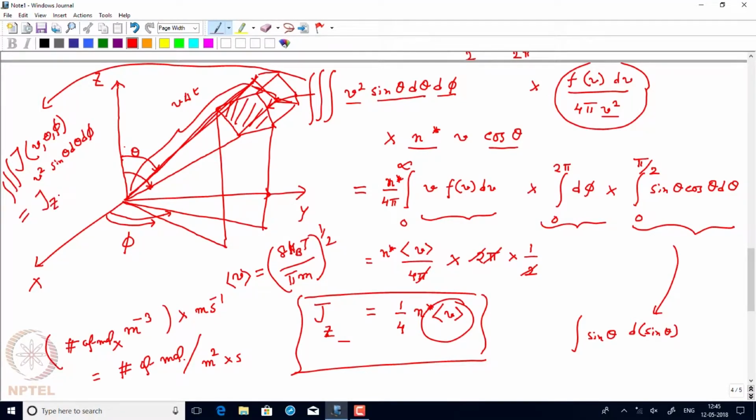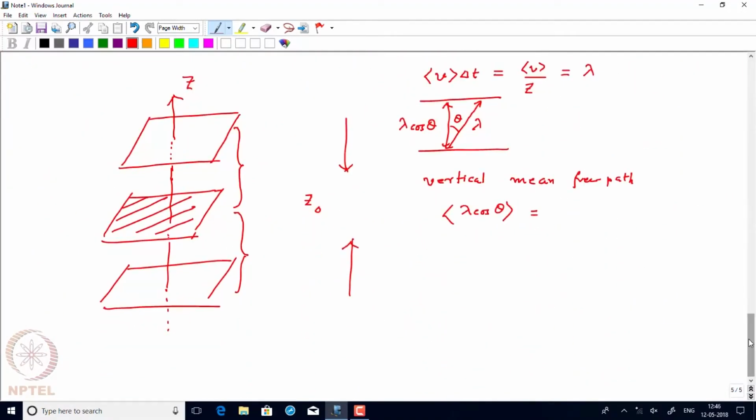So, if we define it in that way, this mean free path also has to be weighted by the flux, because flux is again a probability distribution.